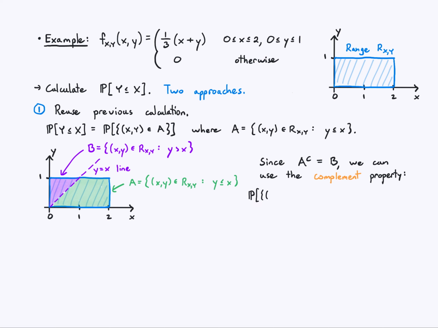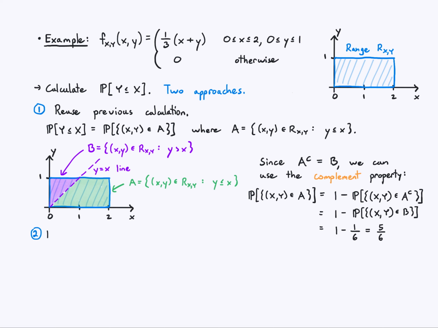So here I have the probability of xy falling into the region A. I can formally say that's 1 minus the probability that xy falls into the region A complement, and A complement is equal to B, right? So on the next line, I'm just going to replace A complement with B. And I'm just going to recall that on the last slide, what we did is worked out this probability, and we got a sixth. So then it's 1 minus a sixth, which is 5/6.